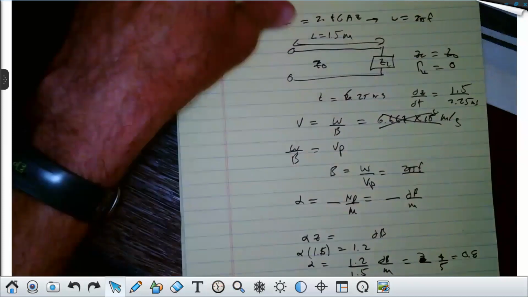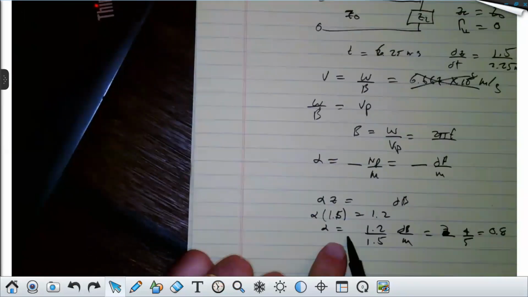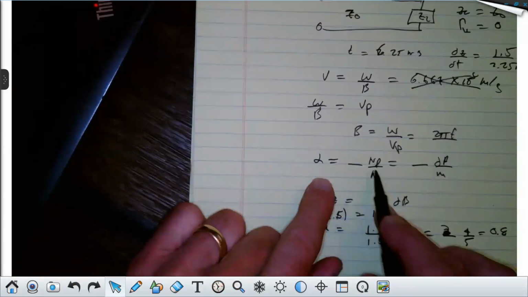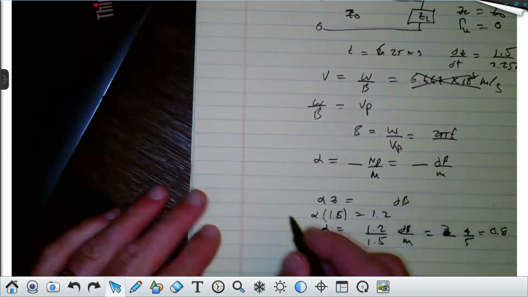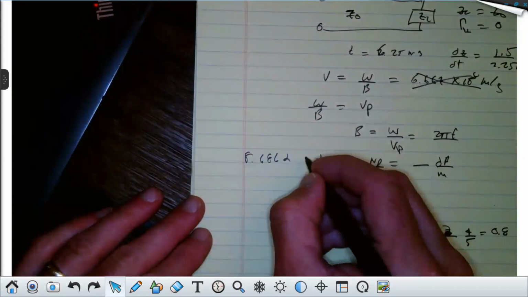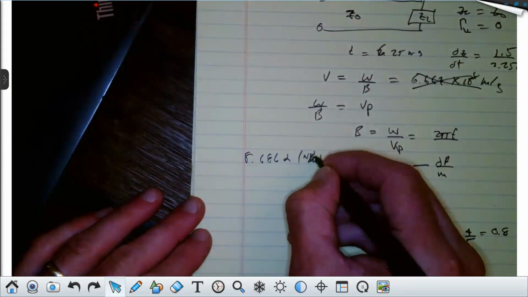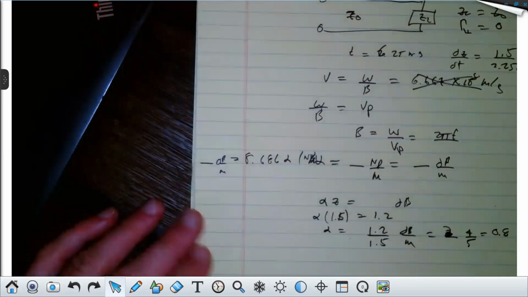Here's what I'm doing. I had alpha in terms of blank Nepers per meter, which would be so many dB per meter when we do a conversion. And do you remember that 8.686 alpha, in Nepers per meter, equaled blank dB per meter? Do you all remember that, class?